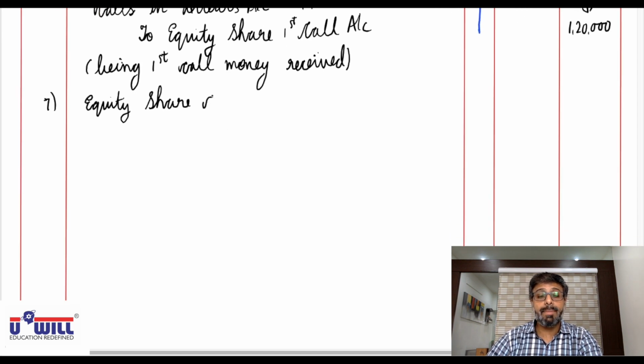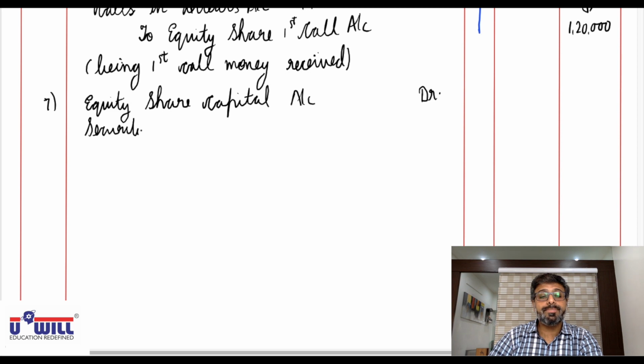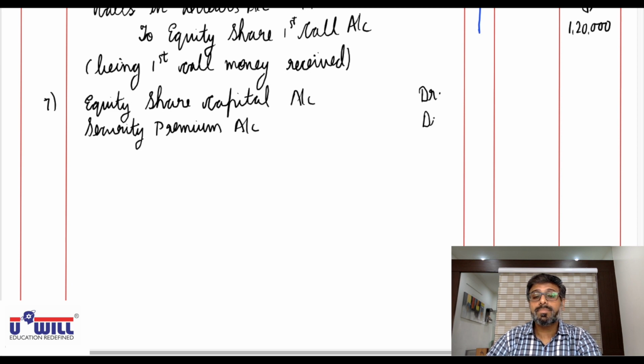Equity share capital account debit. Security premium account debit. To share forfeiture account.